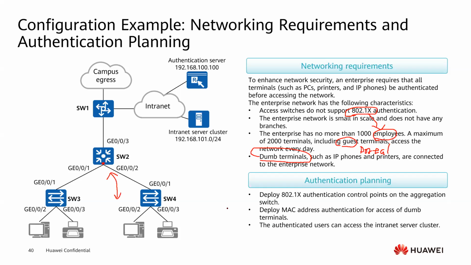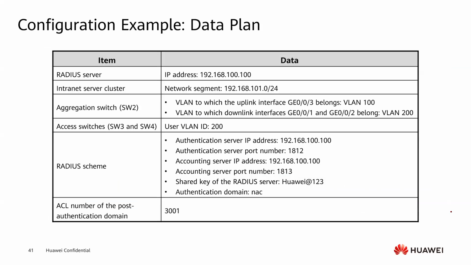However, in this scenario, we only use these two kinds of authentication as the example to introduce the configuration. So this is the data plan. This is the RADIUS server's IP address and another server cluster's IP address, the network segment. And this is for the aggregation switch, the switch-to VLAN.